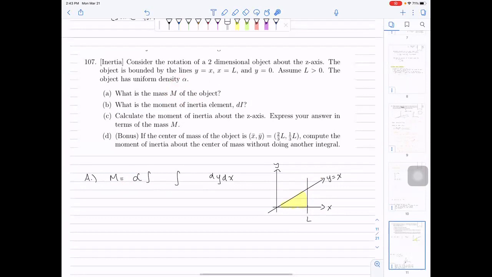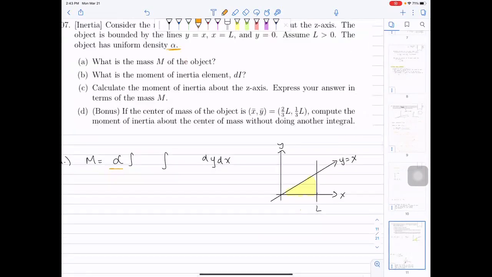They gave us that our density is this alpha, so we have alpha dy dx. For our bounds, imagine drawing a line in the increasing y direction. That gives you y equals 0 to x. Out of all those possible lines, the smallest x value is 0, the largest x value is L. And so you can calculate this and you would get alpha L squared over 2.